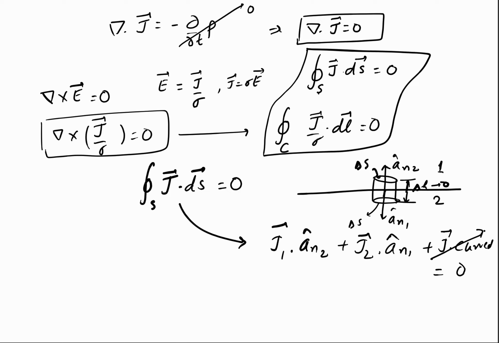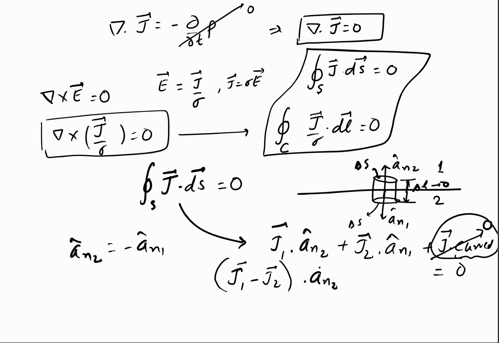Now this will tend to 0 when delta h tends to 0, because the curved surface area is going to be 0. Now I know that a_n2 is equal to minus a_n1. So I can write it as J1 minus J2 dot a_n2 is equal to 0, or J1n is equal to J2n.